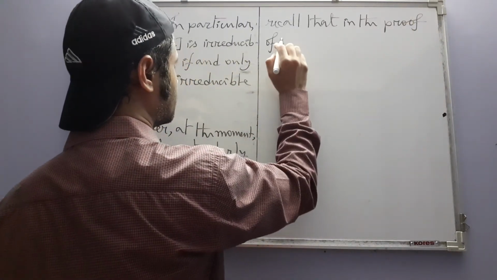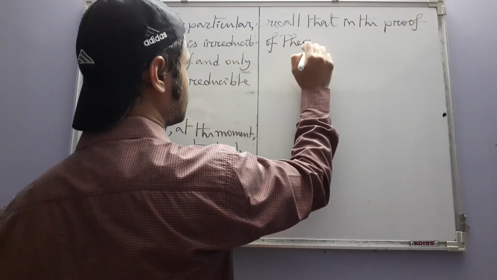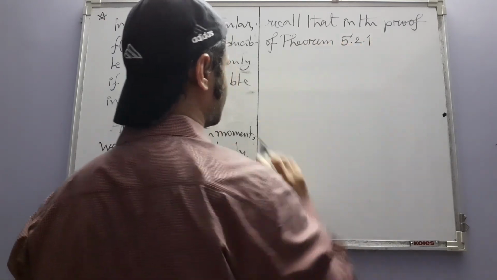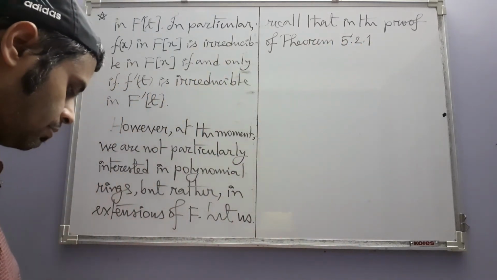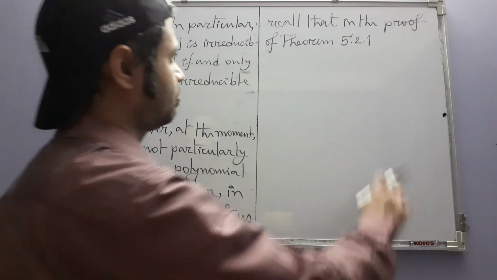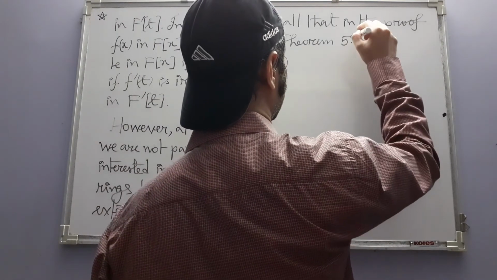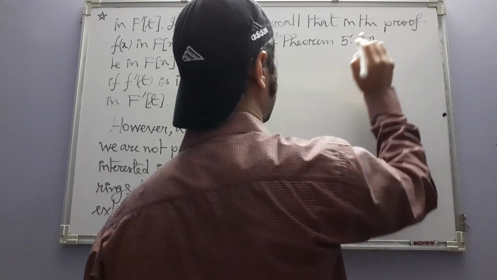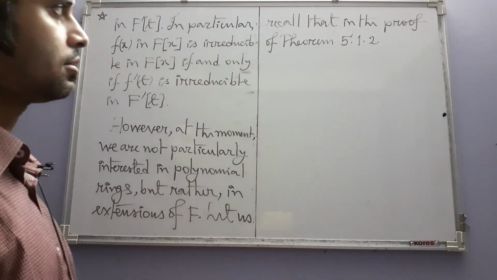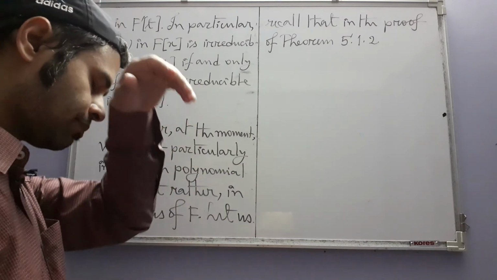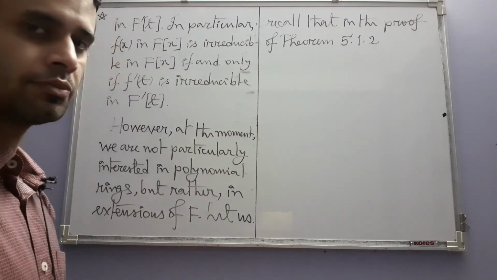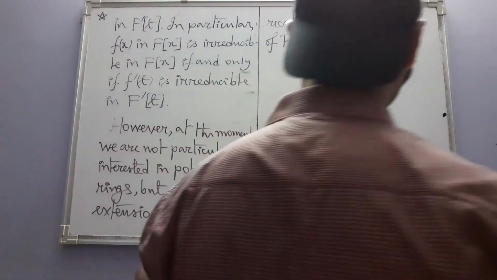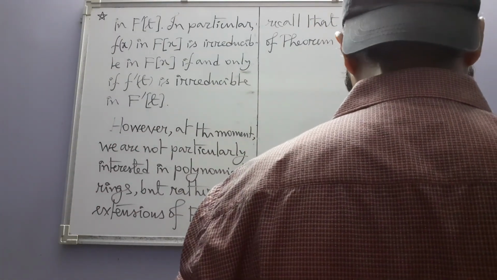In the proof of theorem, is it 5.2? No, not 5.2, 5.1.2. The second section of this chapter is, I believe, the transcendence of the irrational number e. That is entirely different, so it is the first section itself.